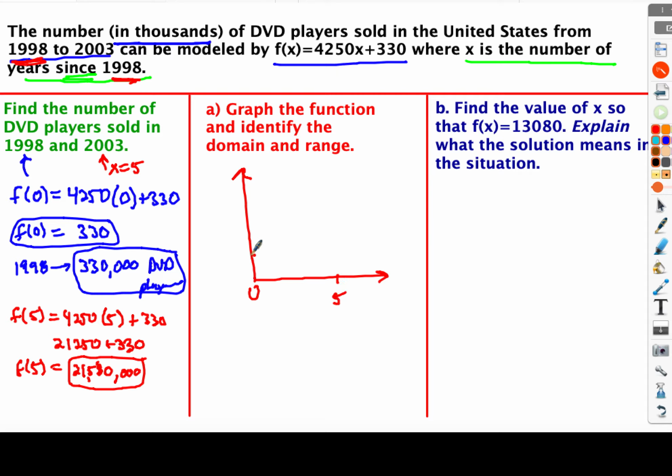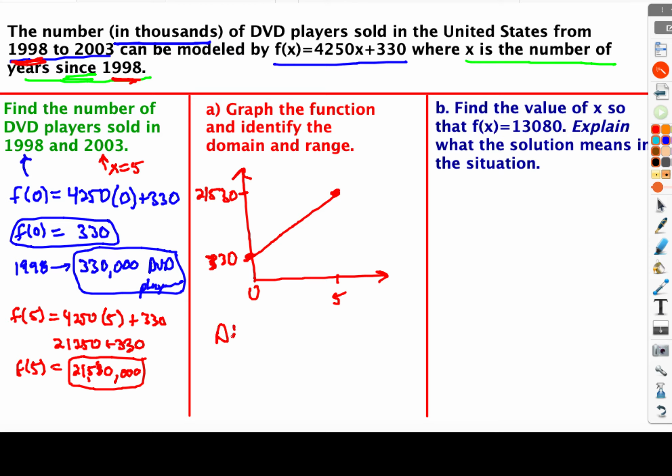We started at 330,000 DVD players, according to that blue coordinate we found on the left. And we're not really going past, in year 5, 21,530, in thousands. So I'm going to very simply make a simple sketch that basically says 0, 330 and 5, 21,530. Those are the 2 points that I need.